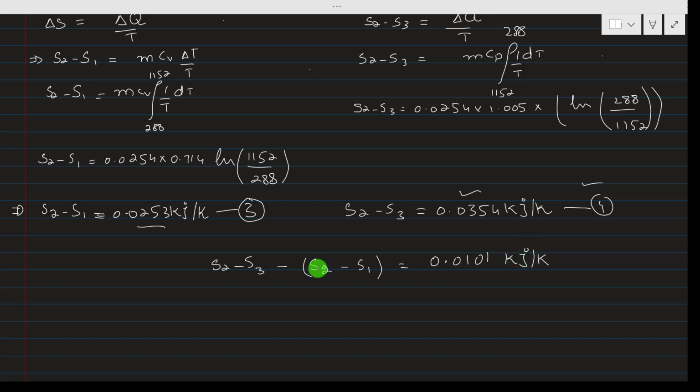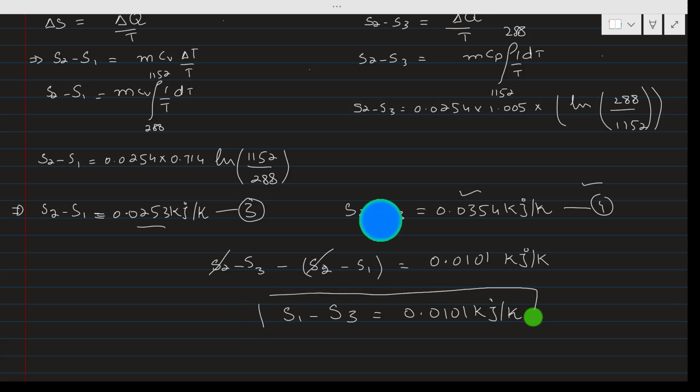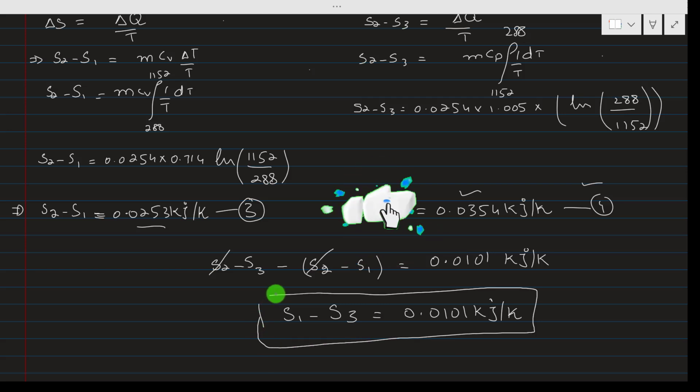So this S2 will cancel out with S2 and this minus minus becomes plus, so I can write S1 minus S3 equal to 0.0101 kilojoule per Kelvin. So this is the final change in entropy in this example 4.3.